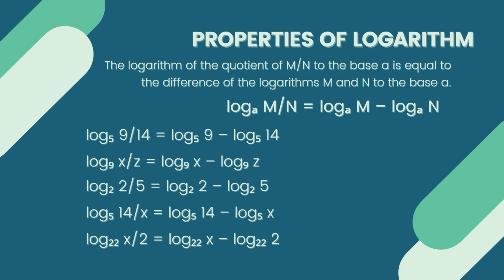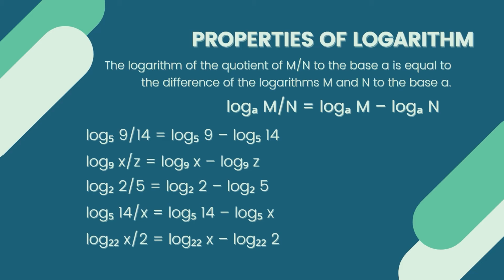base 5 of 14. Logarithm base 9 of x over z equals logarithm base 9 of x minus logarithm base 9 of z. Logarithm base 2 of 2/5 equals logarithm base 2 of 2 minus logarithm base 2 of 5.